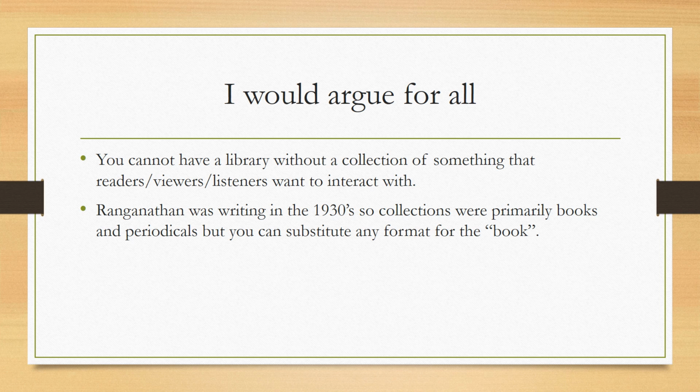Manuscript collections, which are a little bit different than the books that are created from manuscripts. So all of those 5 laws of a library's purpose have something to do with the collections that we create.